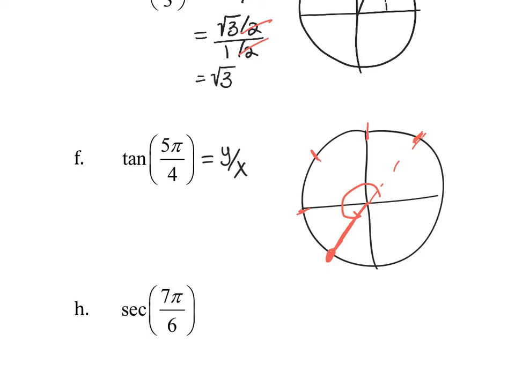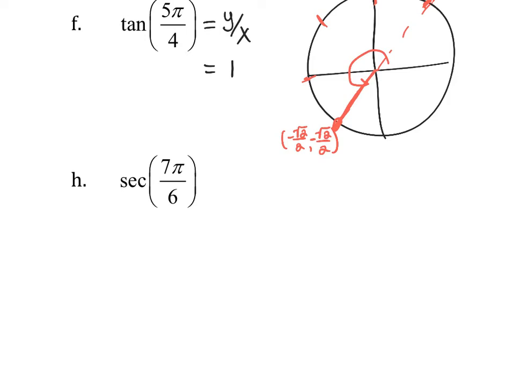It doesn't really matter what the exact coordinates are because the y and the x are the same. So I can tell you that this is going to be 1. Now it just so happens that the x-coordinate is negative root 2 over 2 and the y-coordinate is negative root 2 over 2, and when I divide those, they're both negative, so I'm going to get a positive 1.